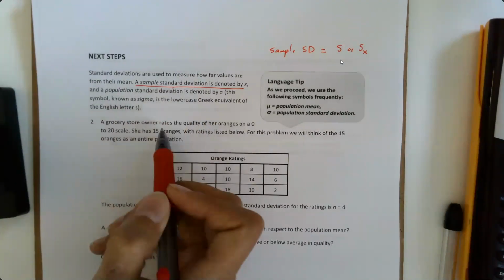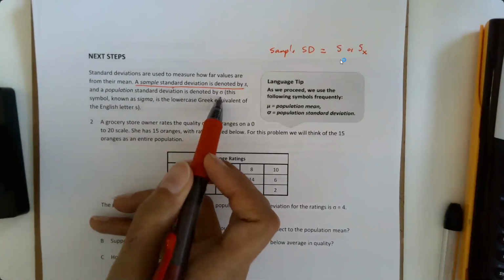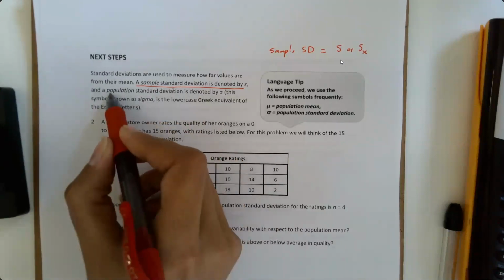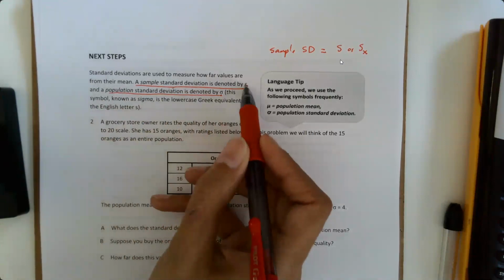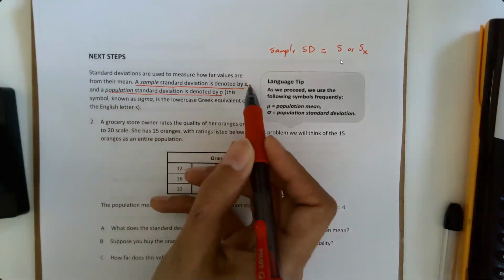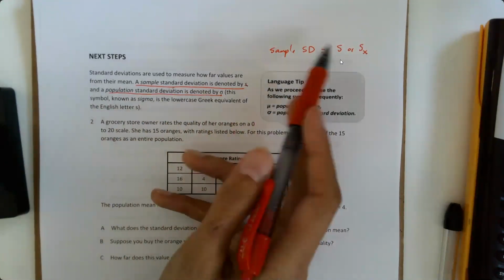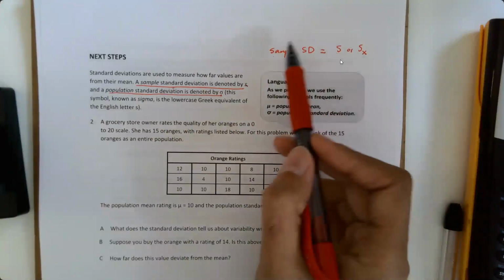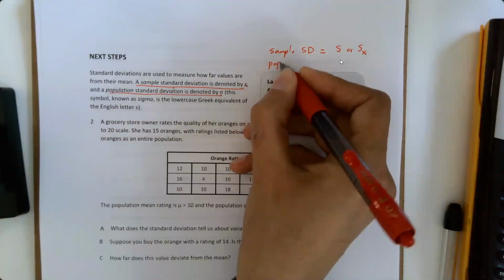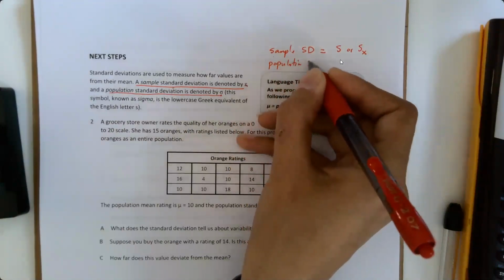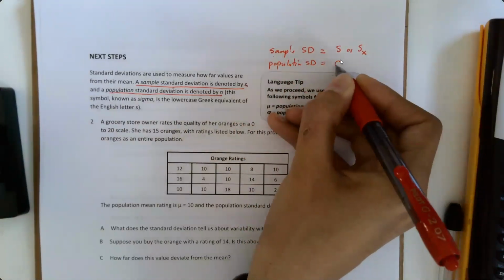Population standard deviation is denoted by sigma. So the difference between these two letters: S for sample, and population standard deviation denoted by sigma.